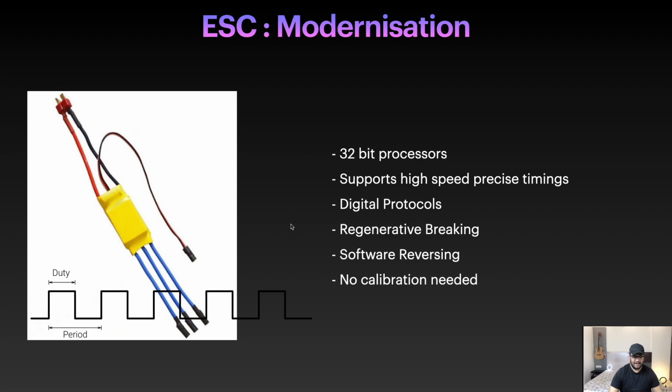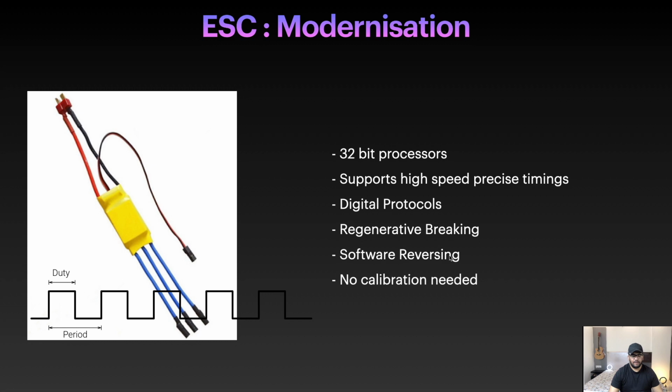Software reversing. Initially, in the early days, the ESC has 3 wires and the motor has 3 wires. If you connect these 3 wires to the motor, it will rotate in one direction, let's say clockwise. If you want your motor to rotate anti-clockwise, you need to interchange any 2 wires. But nowadays you can directly plug these 3 wires to the motor and do the reversing in software.